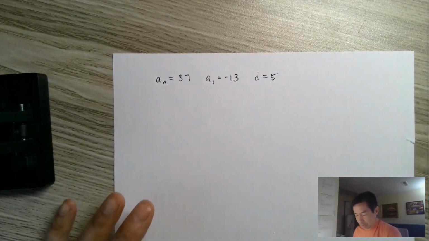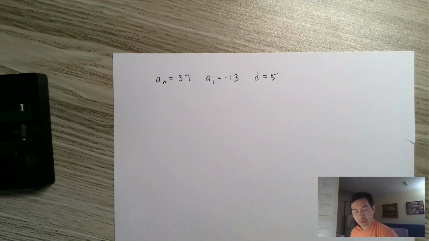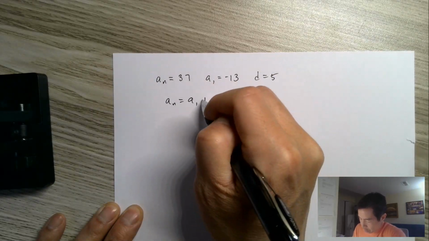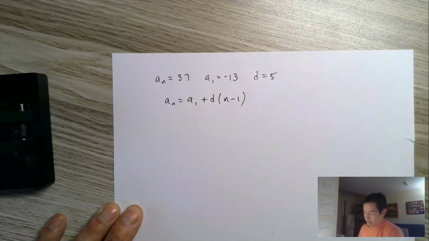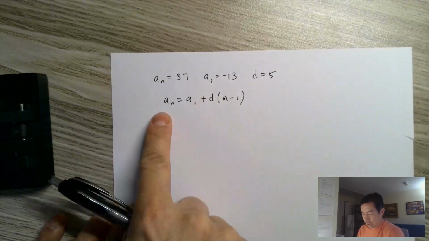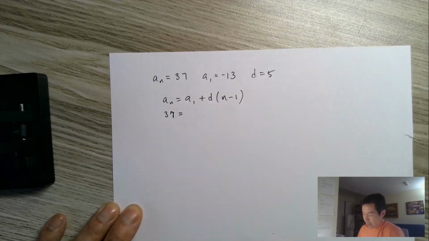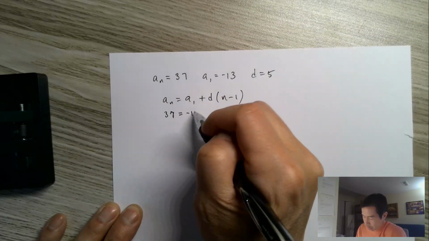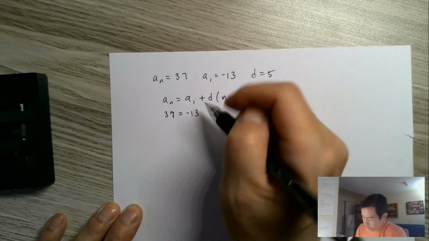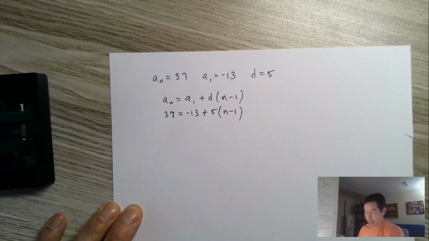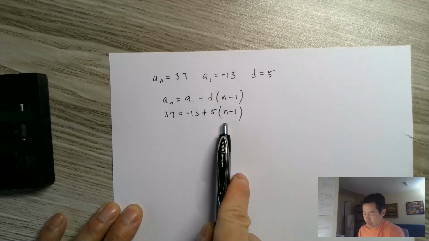So what do we not know? We don't know n, the ordinal number of 37. So let me write down the formula one more time. Okay, so 37 is a sub n, so that goes here. A sub 1 is negative 13. The common difference is 5, and we don't know n. But as you can see, we will be able to solve for n because everything else is known.